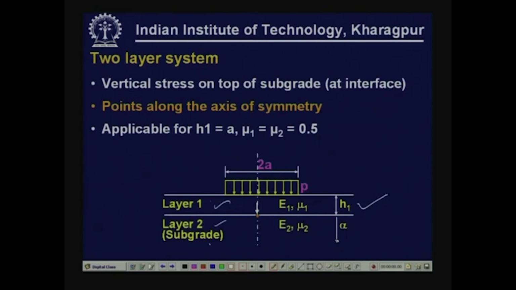The bottom one has infinite thickness, and modulus values of the two layers and Poisson ratio values of the two layers, and the inputs in terms of loading are contact pressure and radius of load contact area, and this is a point at which we can analyze the pavement for vertical stress.